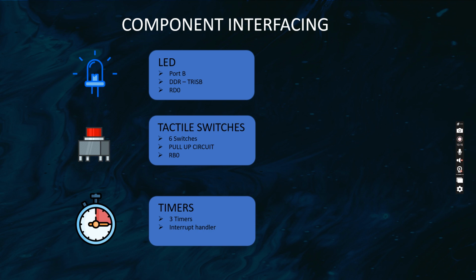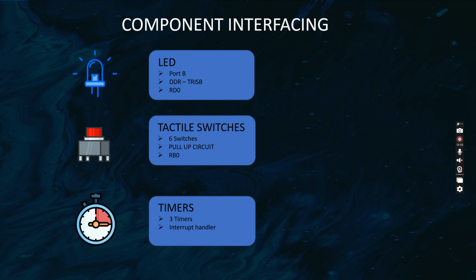It is normally connected to the high power. Then when we press the switch, it connects to the ground. And the tactile switches are named RV1, RV2, RV3, RV4, RV5, and RV6. Here we are using the RV5 and RV4 modes.